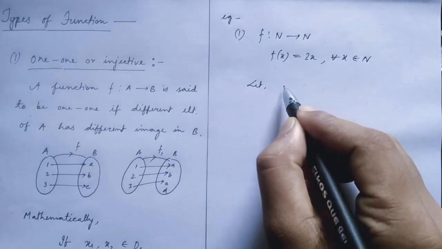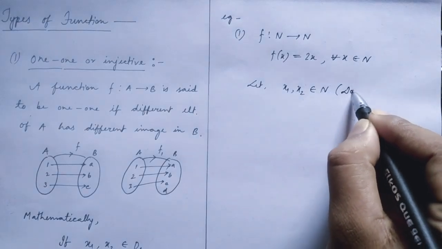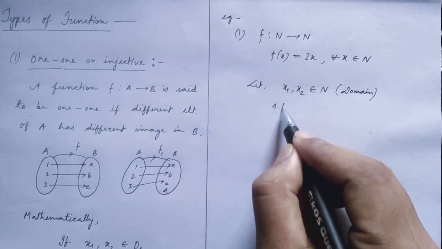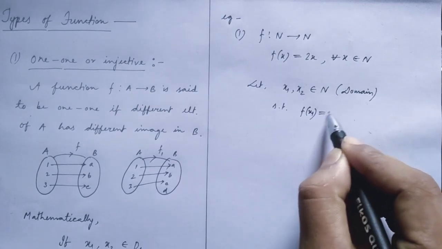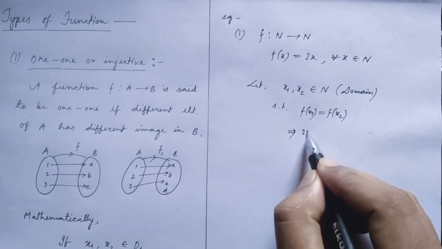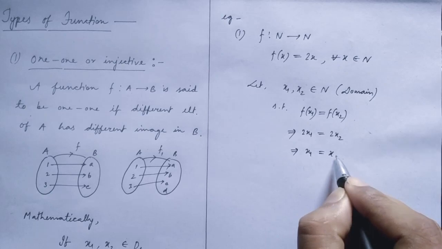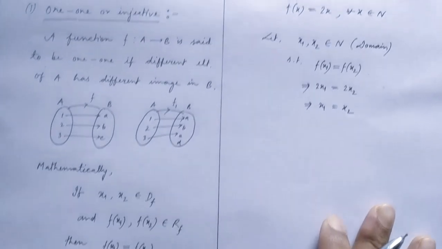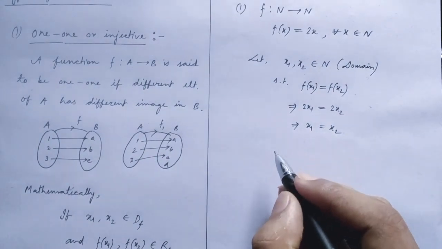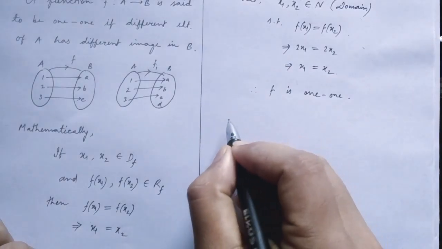Let x1, x2 belong to N, this is the domain of the function, such that f of x1 equals f of x2. This implies twice x1 equals twice x2. So this implies x1 equals x2. Here the function satisfies this condition. So we can say this function is one-one.